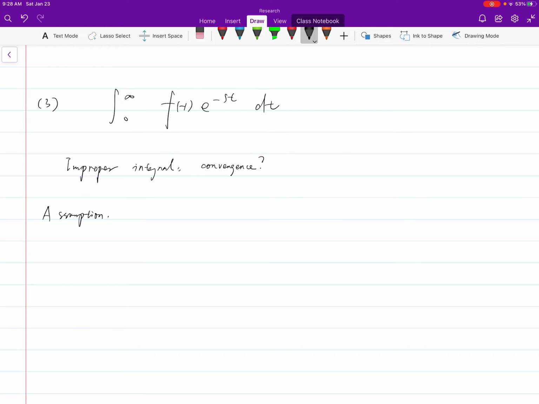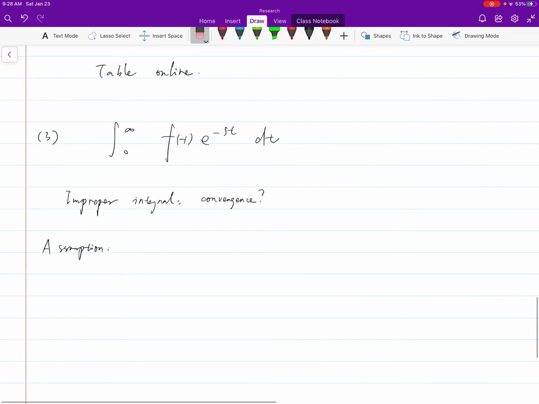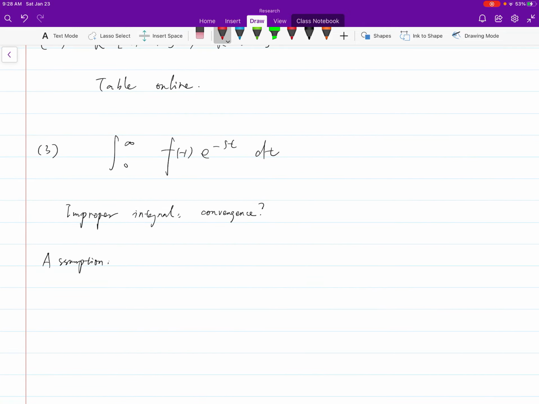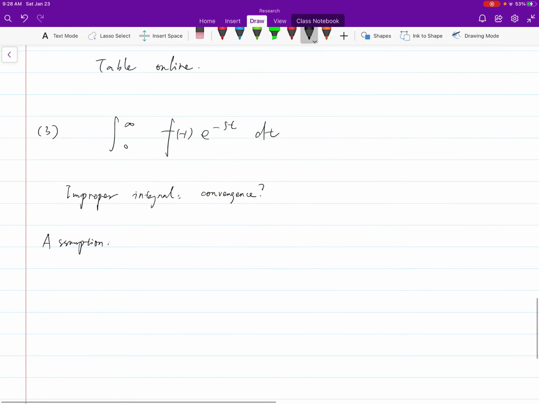Then we need to make a very basic assumption. We cannot do it for just any kind of function. We need to make sure that the integral from 0 to infinity does not give us something ridiculously big, like infinity or negative infinity. The good news is, even though your f(t) can be really big, e to the negative st is super small because it exponentially decays to 0.